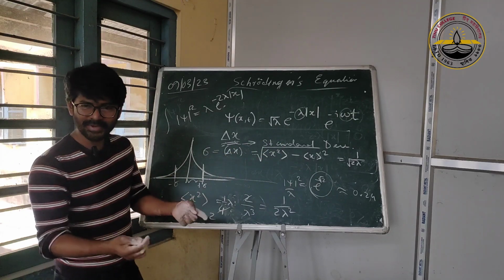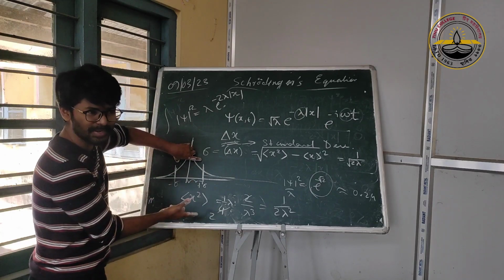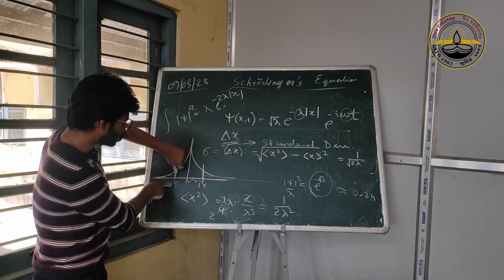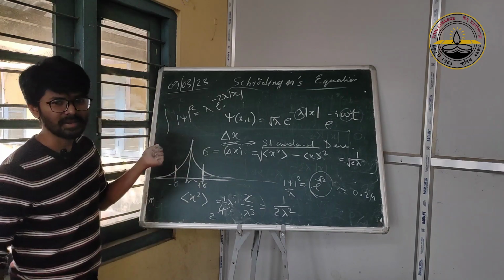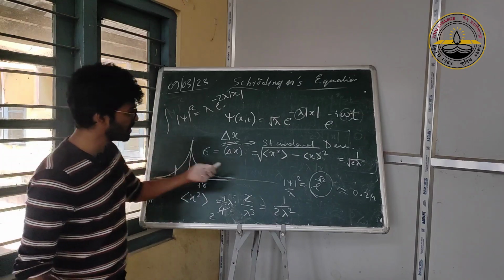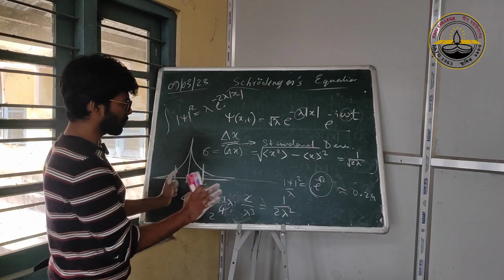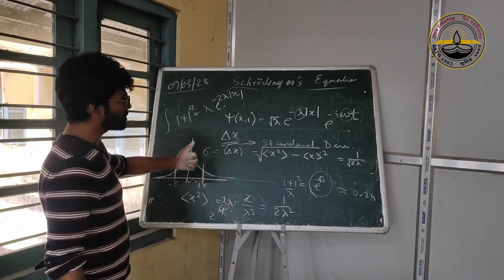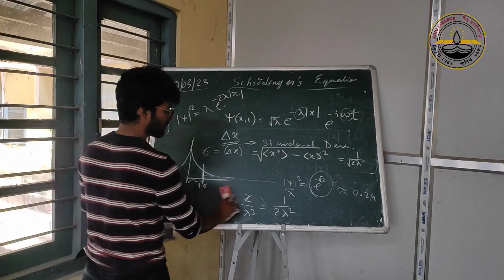Or you can just take 1 minus this, because total probability is 1. So 1 minus integration of mod chi square from minus sigma to plus sigma. Okay. And it will turn out to be the same thing, e to the minus square root 2. I'll give you in a proper way the question and try to solve it, but if you can ask me.